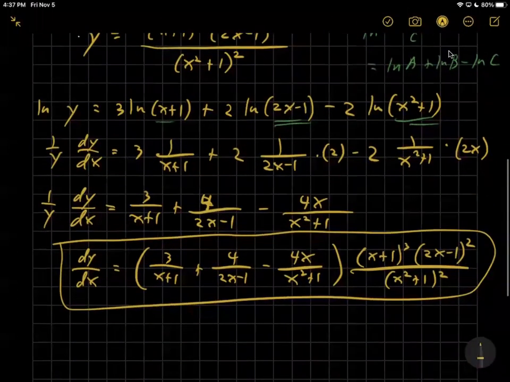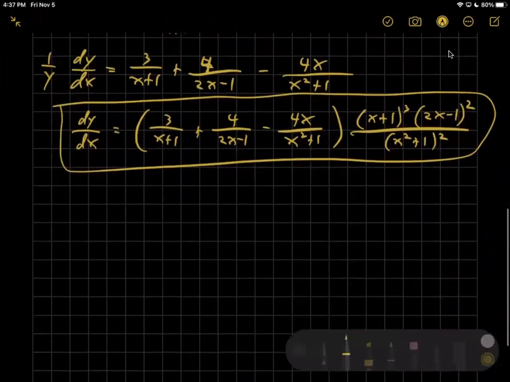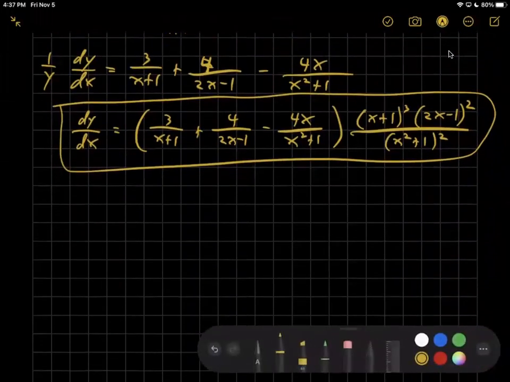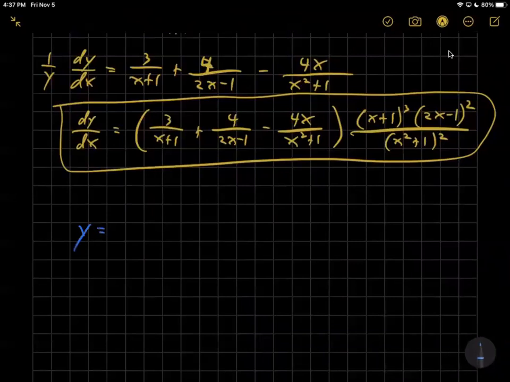One final one is the following. This one will involve a square root. So we'll have y equals the square root of 2x minus 1 over x plus 2. Let's take the log of both sides, ln of y.